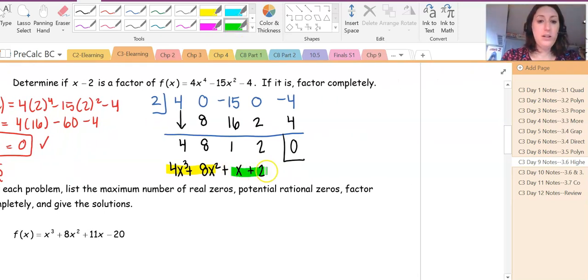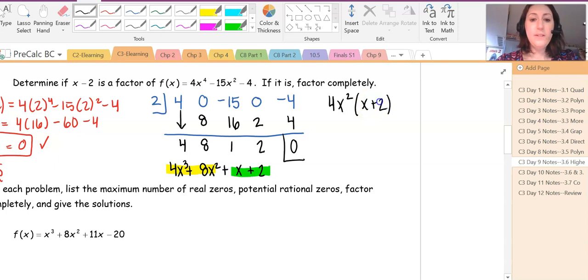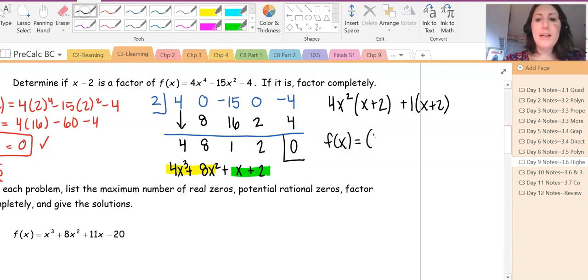So I'm going to take out a 4x squared from both of those, and I'll have an x plus 2 left. And then I already have an x plus 2 here, and that GCF would just be a 1. So when I factor f of x, I will get 4x squared plus 1, x plus 2.